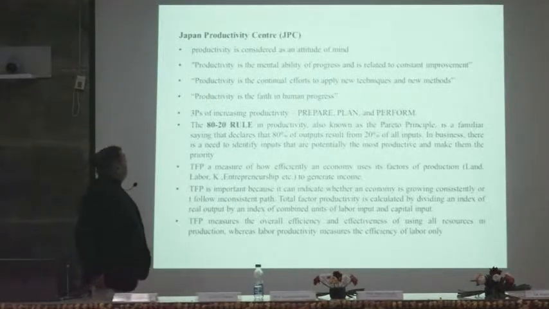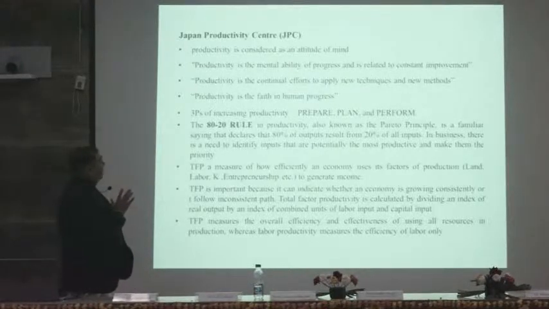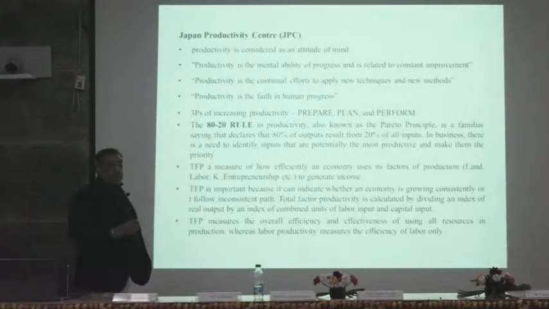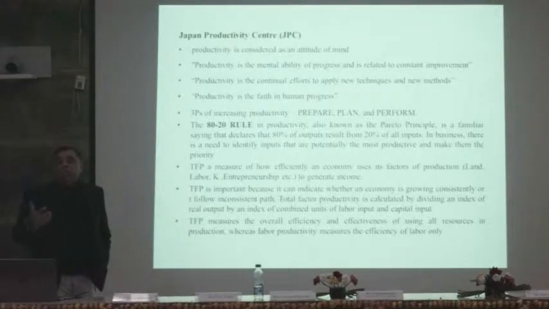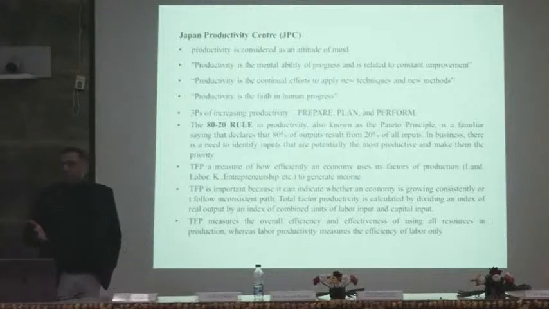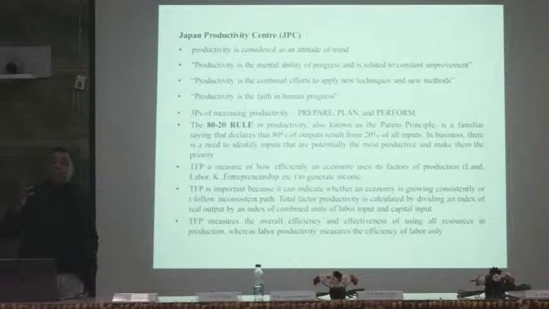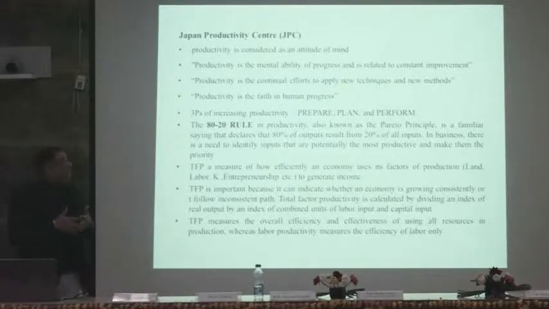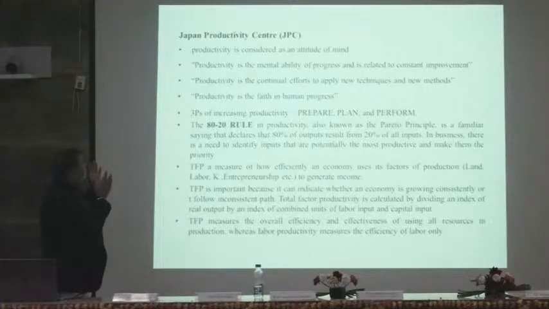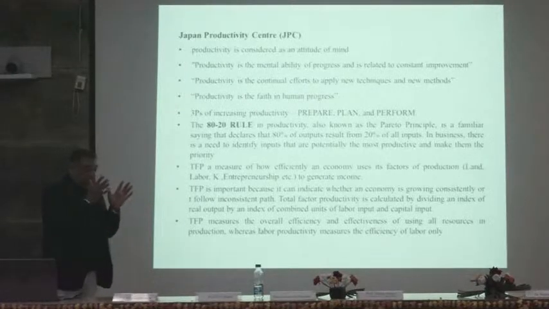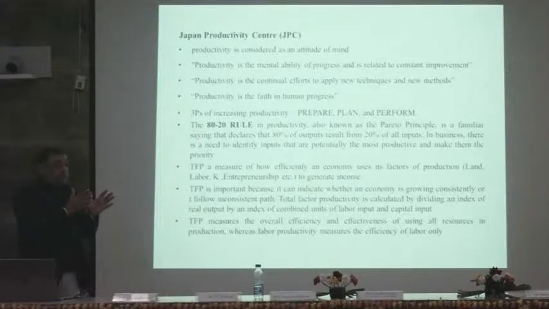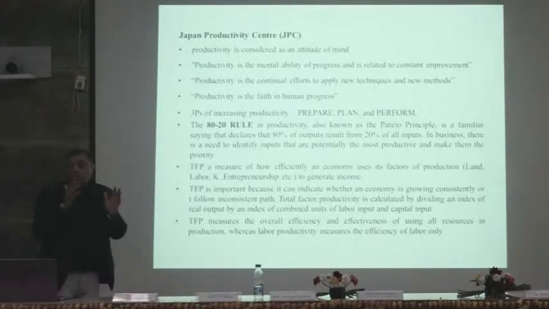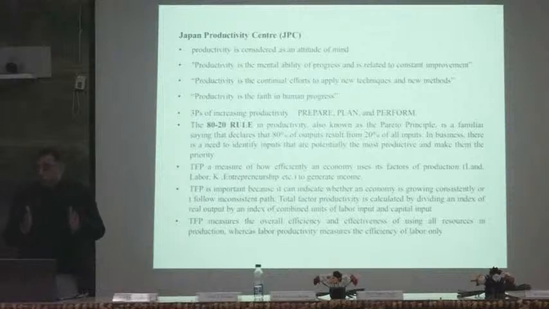Then I am highlighting one concept, the Japan Productivity Center concept on productivity, and how a developed economy approaches it, because India is still developing and we need to focus on many parameters. In Japan there is the Kaizen philosophy, focused on continuous improvement. That is why the Japan Productivity Center takes productivity as an attitude of mind, a continuous effort.